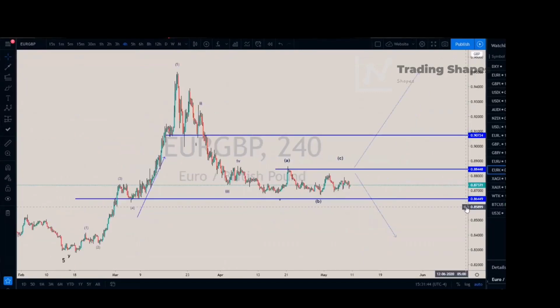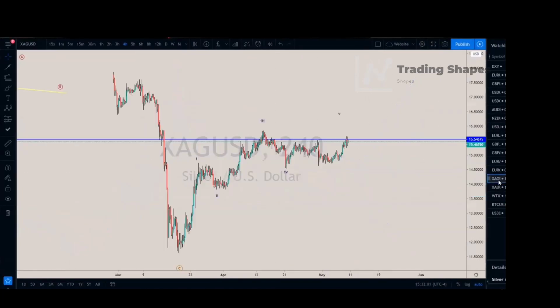Still in the same location. We did not move, we didn't do anything from last week. So I'm not going to give any bias or direction for this one until it completes the move. When it gives better direction, I can put my opinion on it.